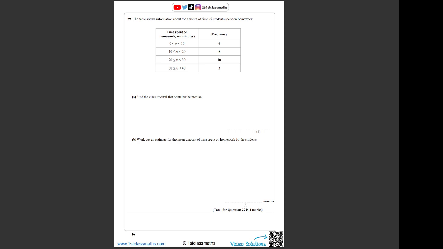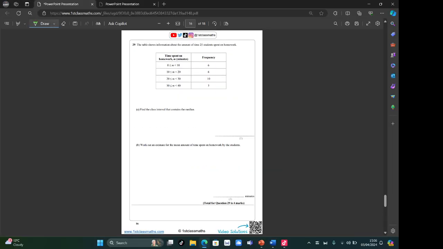So the median, guys, is your middle number. So I'm going to halve the total frequency: 25 divided by 2 is equal to 12.5. So I want the 12.5th value in my table.